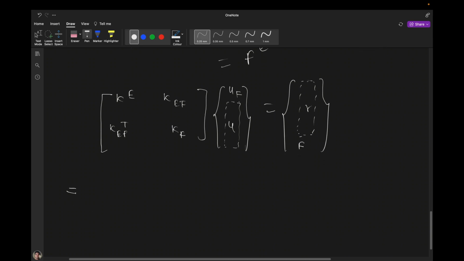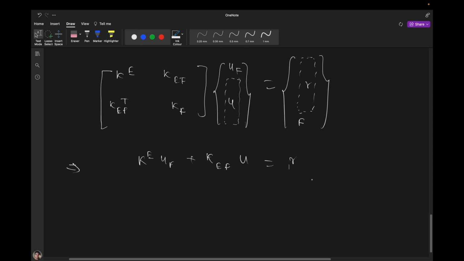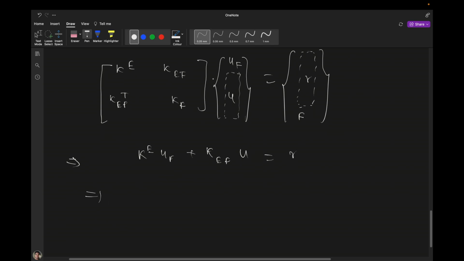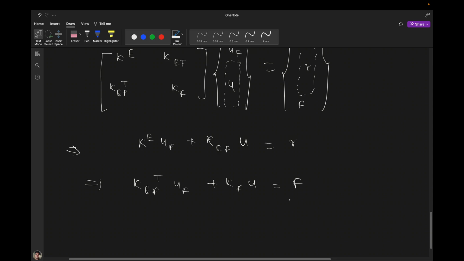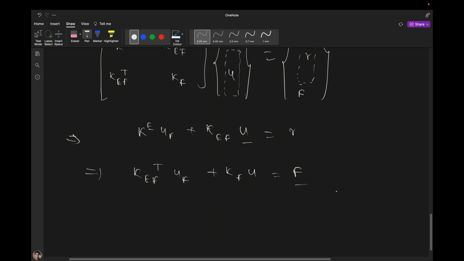So I can write K_E times U_F plus K_EF times U equal to R. And the second equation I can write K_EF transpose U_F plus K_F U equal to F. Here I don't know this thing, and in this equation I don't know this thing.